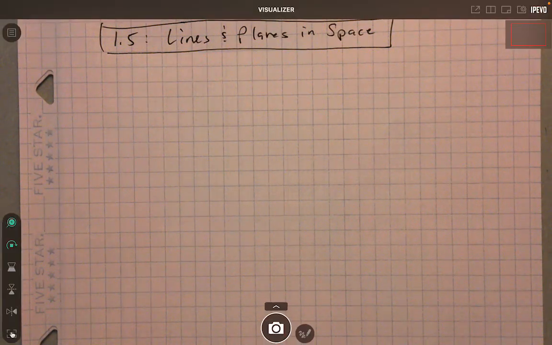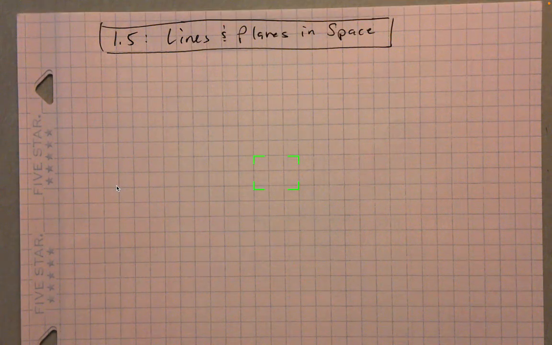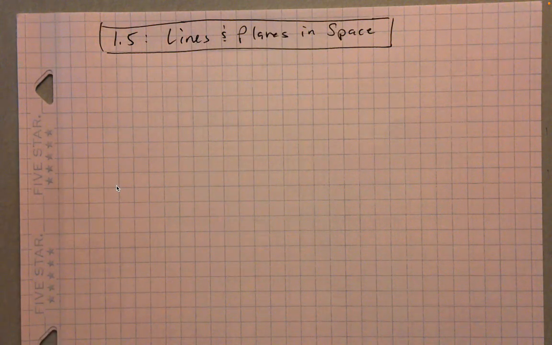Okay, so again, this is going to be section 1.5, lines and planes in space. We're going to start by describing how we can begin to think about slope in space.